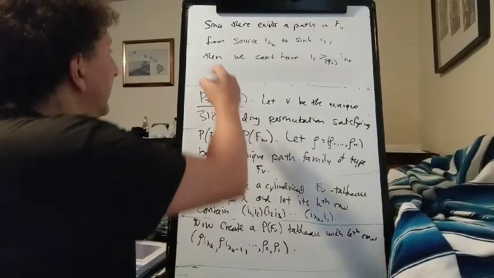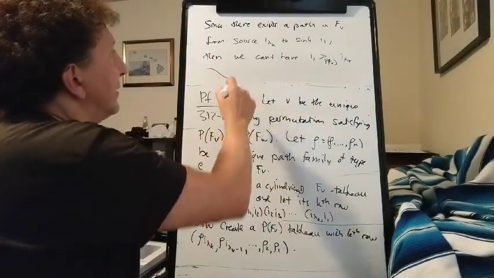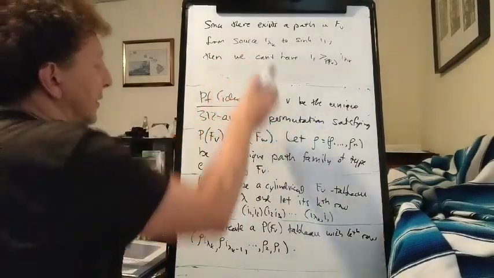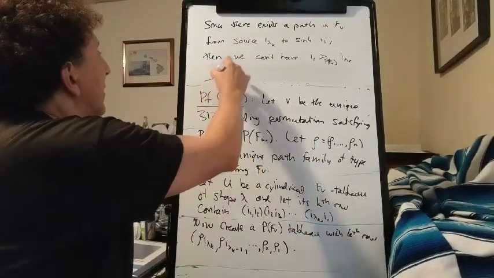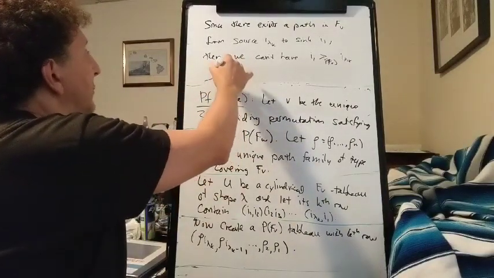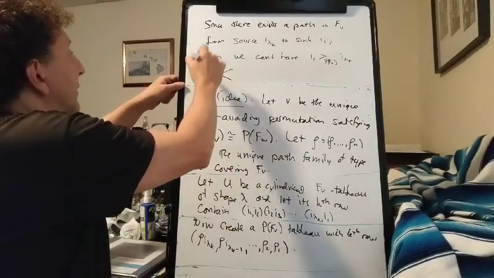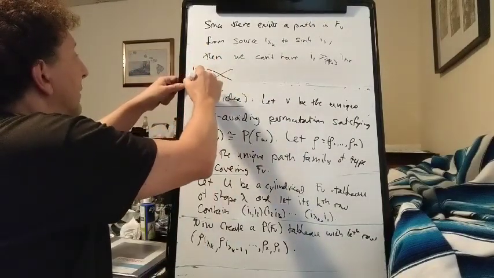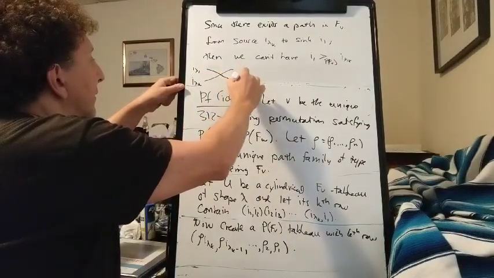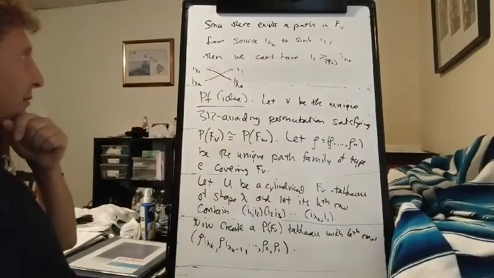Because if there's a path to get from I lambda k to I1, that means the path from I lambda k is going to have to touch the path from I1.